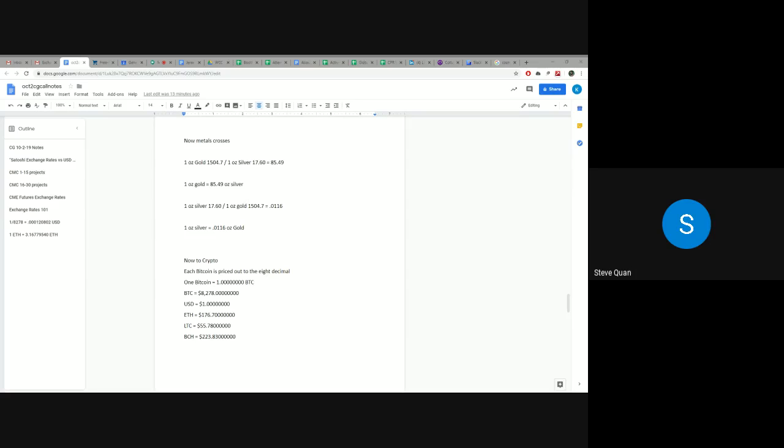So 1 Bitcoin equals, notice how I wrote 1.000 and everything has 8 decimals. That's because that's how far the Satoshi measures go out. So it may seem, why did he put one US dollar equals 1.0? You'll see in a second. Carl, if you can move 1 page forward.